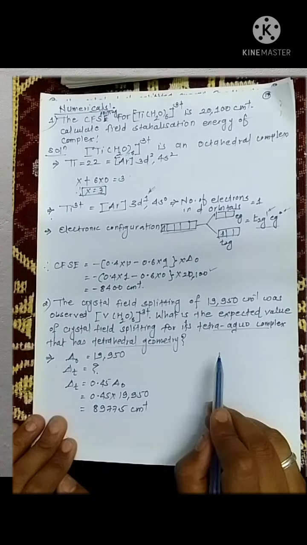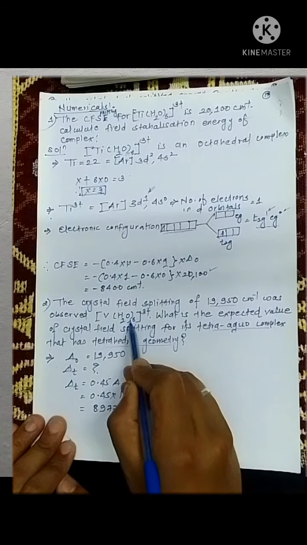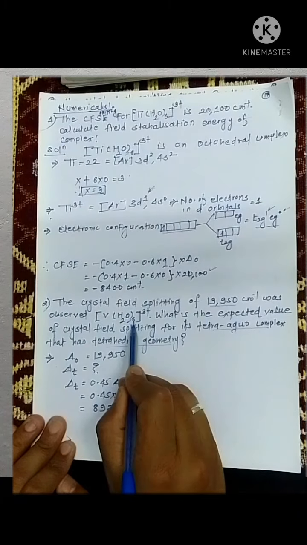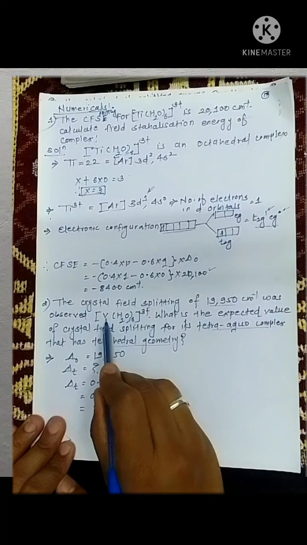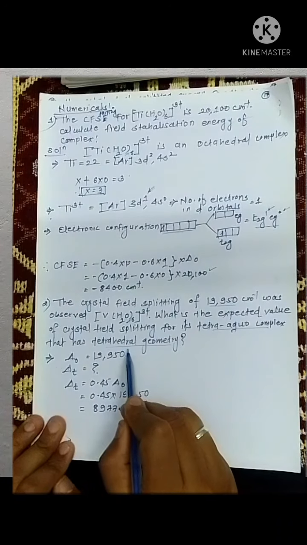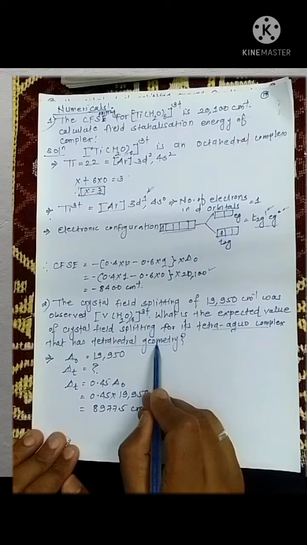We have to calculate. Since the crystal field splitting is given for this octahedral complex, because of the presence of 6 ligands, we have to calculate the crystal field splitting for tetrahedral geometry.